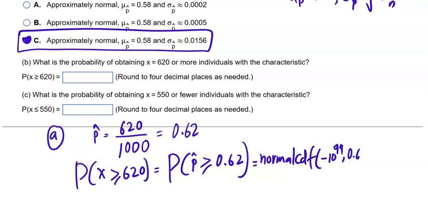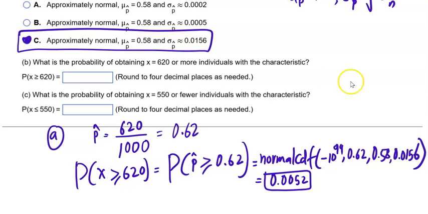The mean is going to be 0.58. The standard deviation is going to be 0.0156. That's from here. If you use the calculator like we did before, this gives you the probability, rounded to 4 decimal places, of 0.0052.